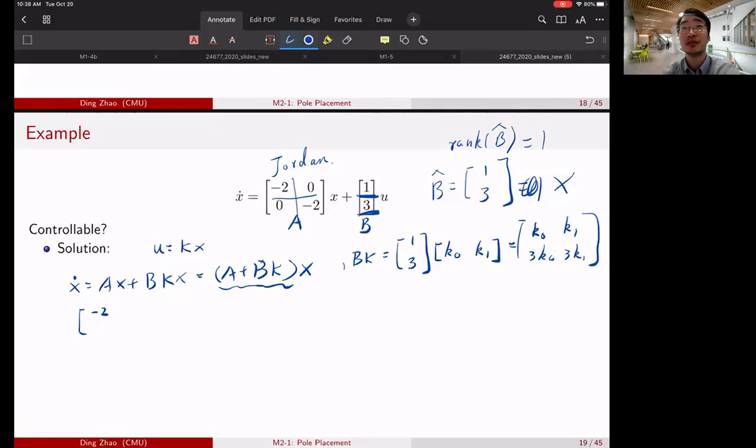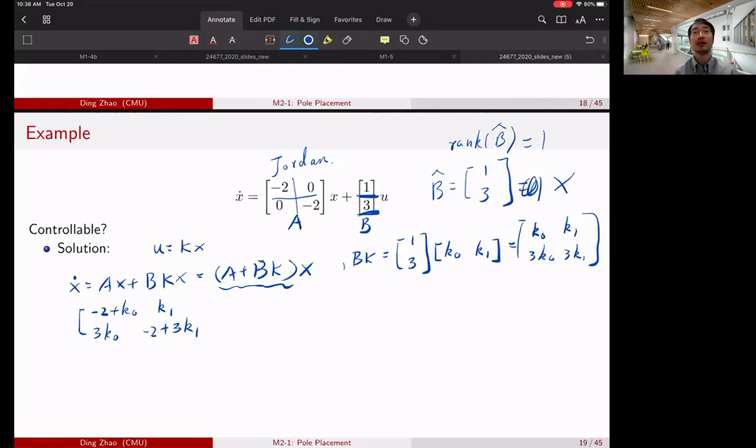So it should be, yeah, I think this is correct. Okay, so anyway, we can add A and BK together. So A is -2, add this k0, and k1 add 0 is still k1, and this is 3k0, and minus 2 plus 3k1.